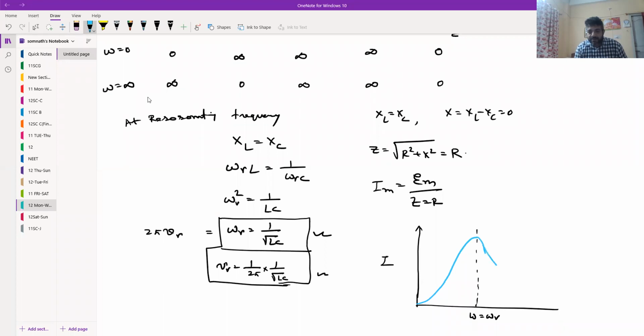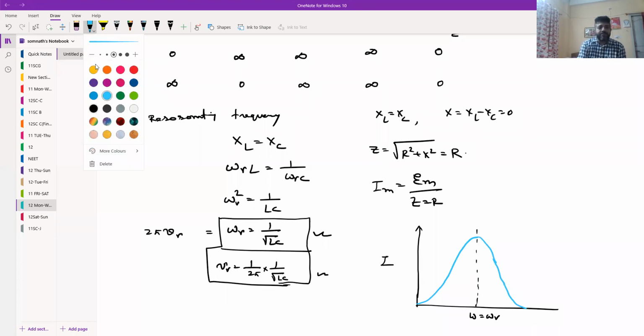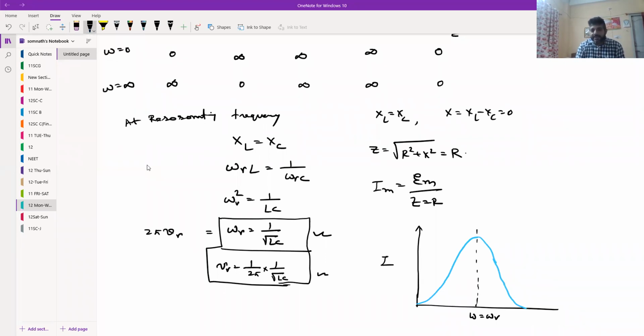So I get a very good, हमें एक अच्छा सा respected value मिलेगा which we can control on the basis of मेरा input resistance क्या है. And at this resonating frequency it behaves like a pure resistor.